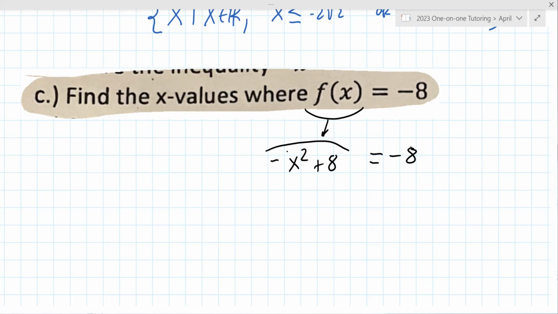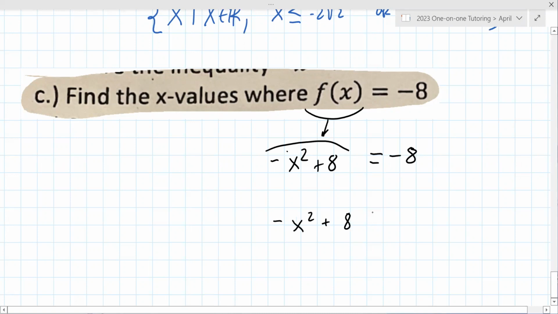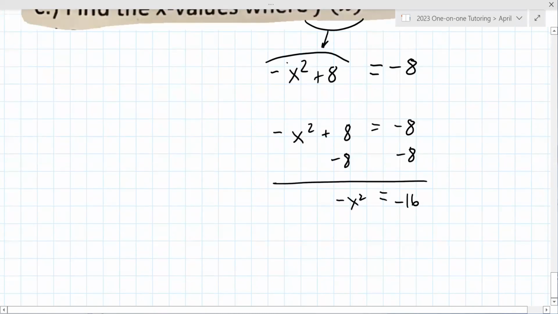So you're going to solve this for x squared. What do you see here? How do you want to attack this? First, let's subtract 8. So you get negative x squared equals negative 8 minus 8. That is negative 16. Can you take the square root at this point? Well, no, it's negative. That's right.